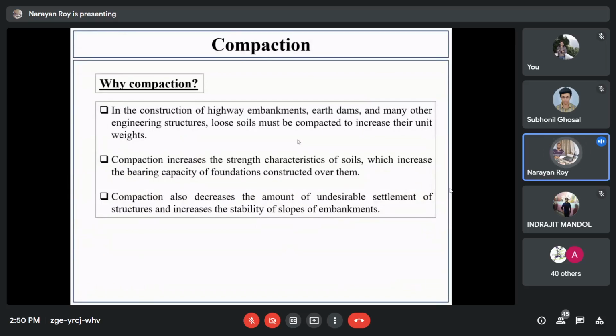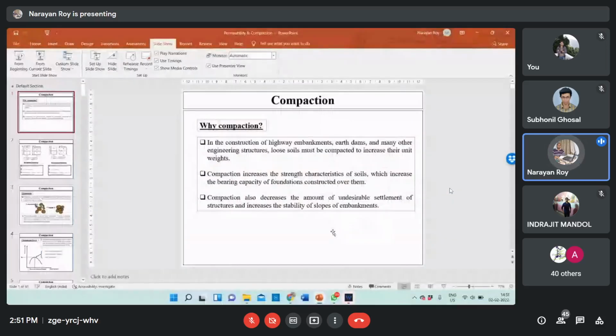Today, the first class I'm going to start with is compaction of soil. The basic definitions, I hope, have already been covered in your previous classes. I spoke with your sir, who said he covered some basics: the soil three-phase system and some basic definitions.